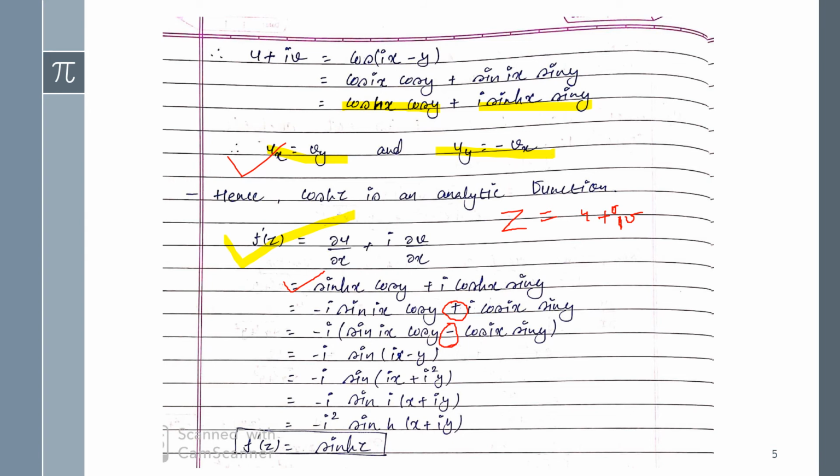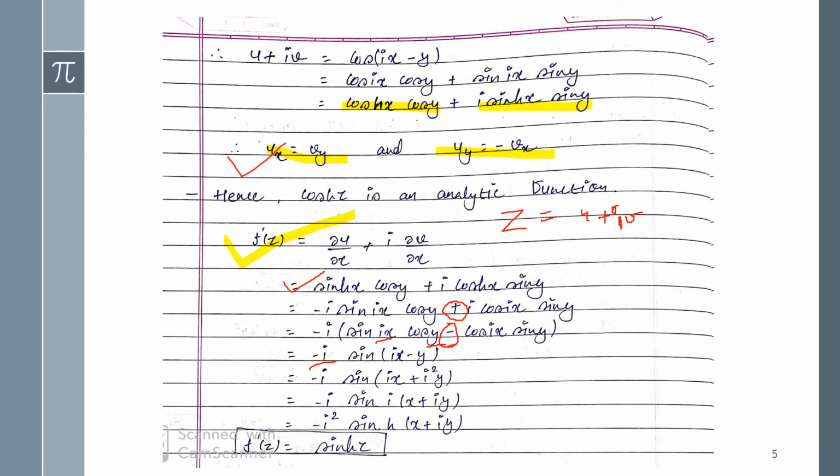And as you know, alpha is given here as ix and beta is y. So minus i keeping as it is, sin of ix minus y. And in place of this minus y I am writing i square, because we know the value of i square is minus 1. So I am converting into the positive form, so plus into the i square.